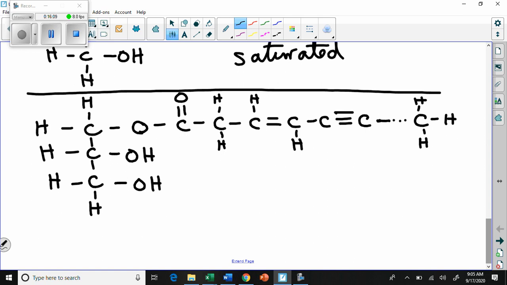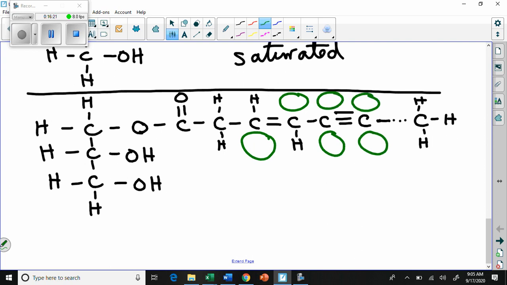So that means that it wouldn't need any hydrogens at all. So what we see is where there used to be a hydrogen in these positions, the double bonds and triple bonds mean that there aren't any hydrogen spots available. So there is not the full maximum amount of hydrogen that you can get. And so this is an unsaturated fat or lipid. Unsaturated.